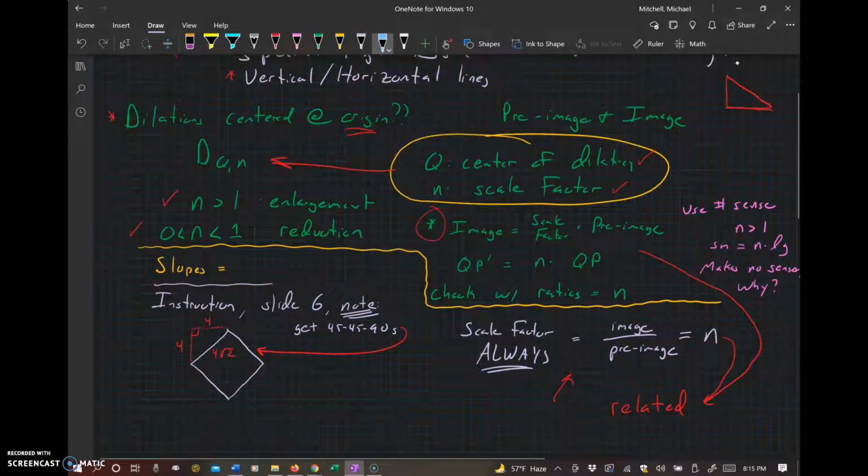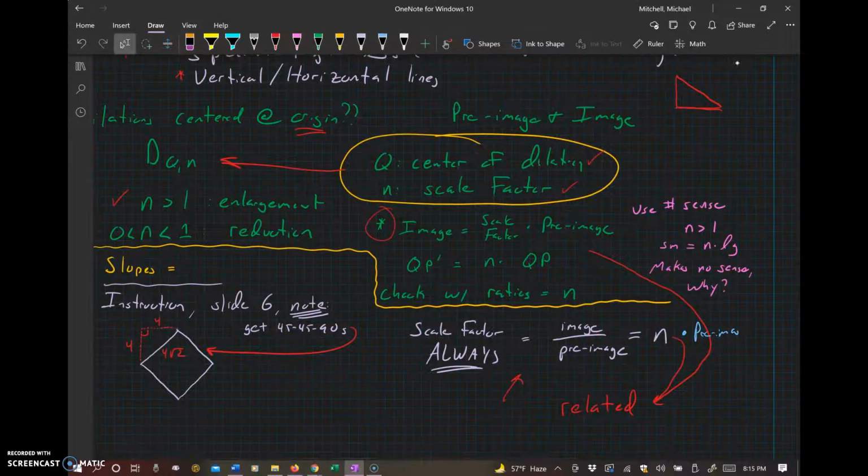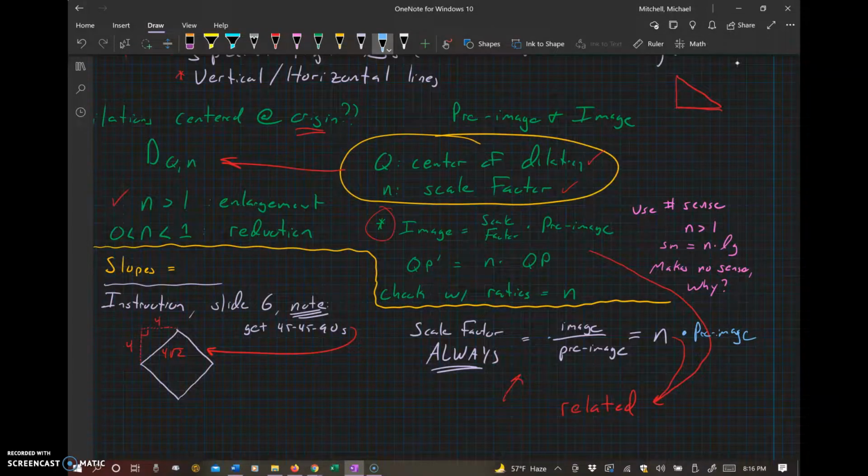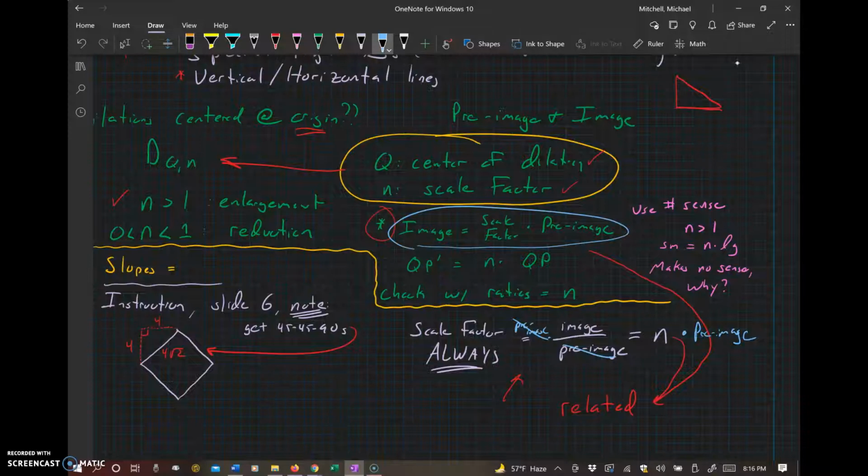If I multiply by the pre-image, they cancel out, and you're left with this right here: image equals n times the pre-image. So those are definitely related. If you know one, you can deduce the other using some of your algebra rules.